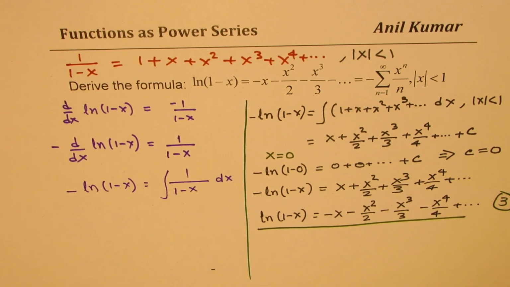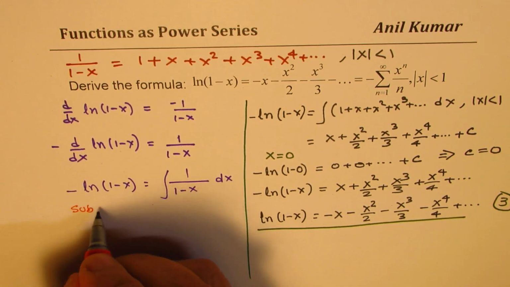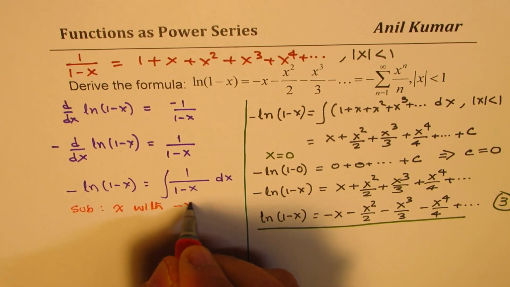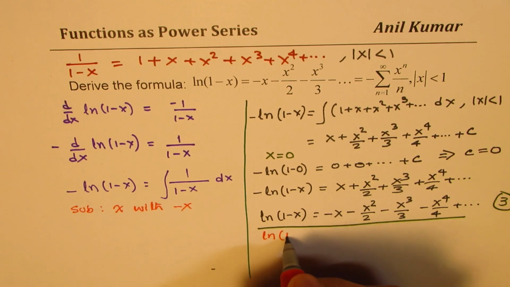And now, if I make a small change, that is to say, if I replace x with minus x, then what happens, right? So if I substitute x with minus x, then I get ln(1 plus x). Do you see that?